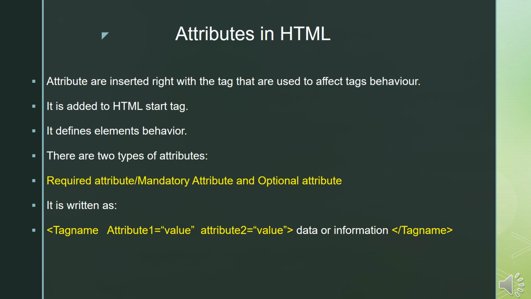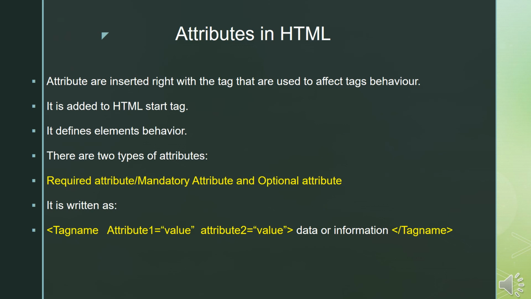How is attribute basically written? You will have a start tag, angular bracket open, then you will have a tag name, then you will have a space in between. After that you will have attribute 1, whatever is the name of the attribute. Now we have just given attribute 1 as an example, and what is the value of that attribute? You have to put an equal sign and the value will be enclosed with double quotes.